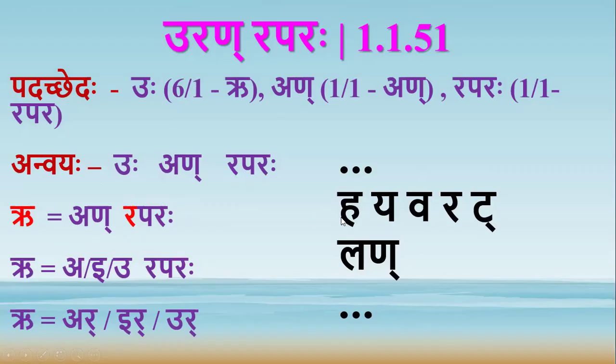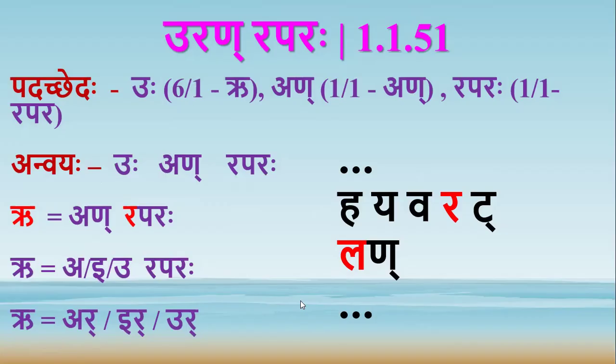I explain again. In Maheshwara Sutras, the akara added to all consonants is just for the sake of pronunciation. It is difficult to pronounce h, y, v like that, so it is easy to pronounce haya, vaṭ, laṇ, ñamaṅaṇanam, like that. But only in case of lakara, the akara after lakara is an it letter.